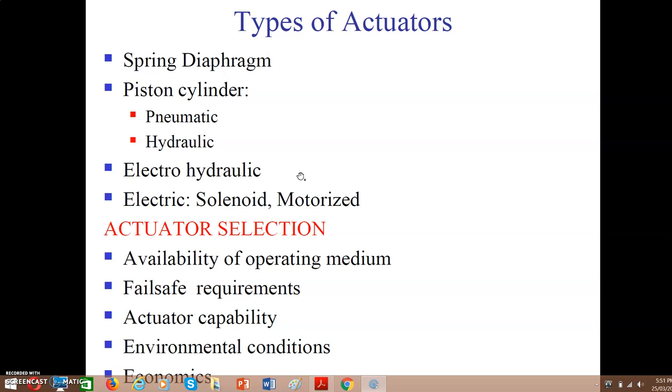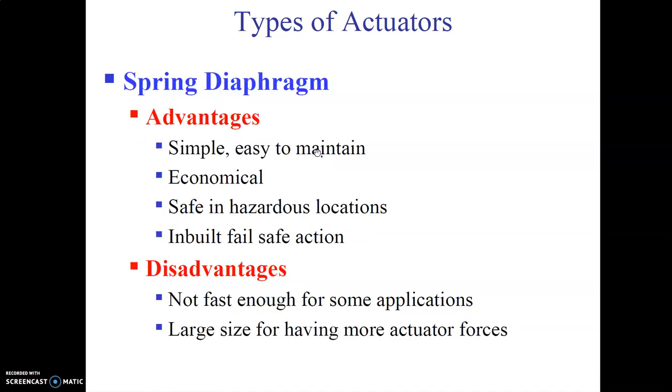Now let us see the features of these actuators one by one. Spring and diaphragm, already we have seen the construction when we saw parts of a pneumatic control valve. So in this actuator there are two main parts, that is diaphragm, which is sensing the compressed air.